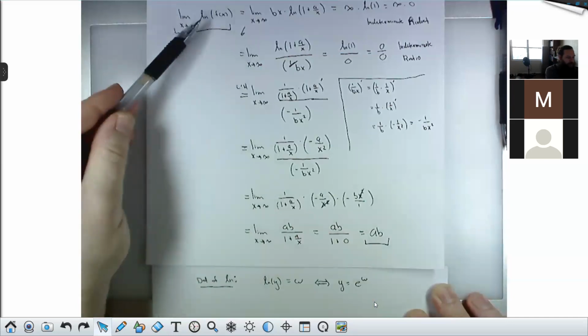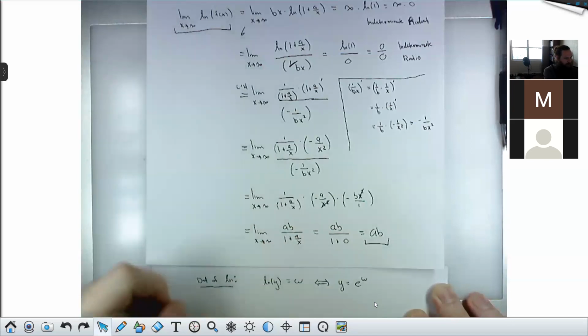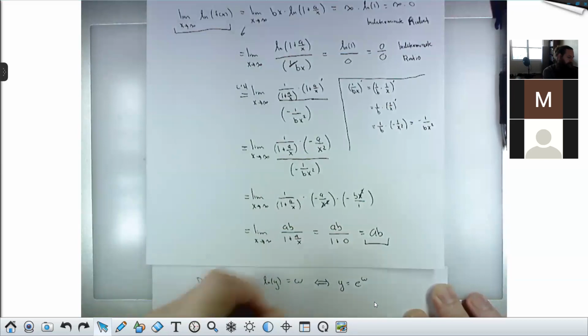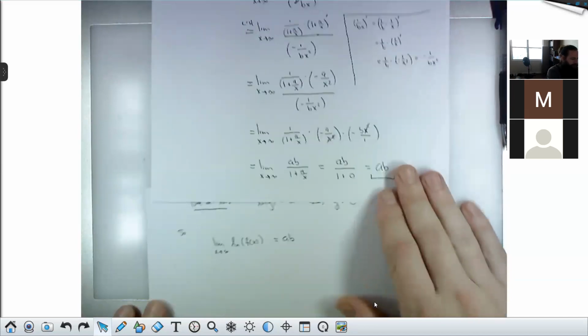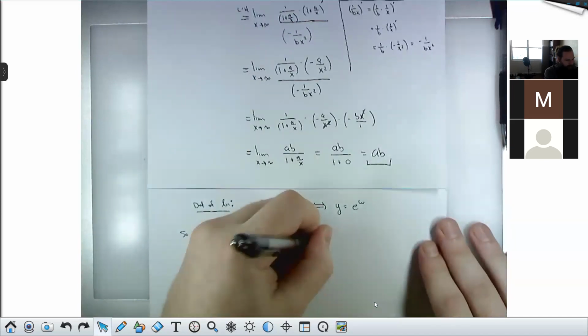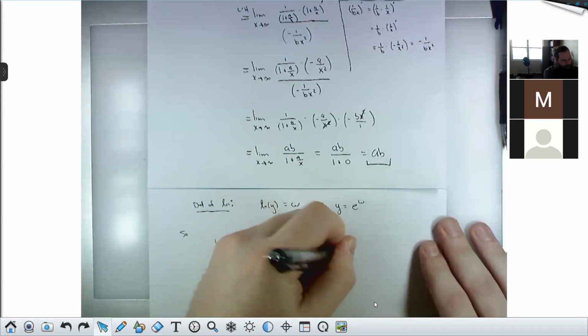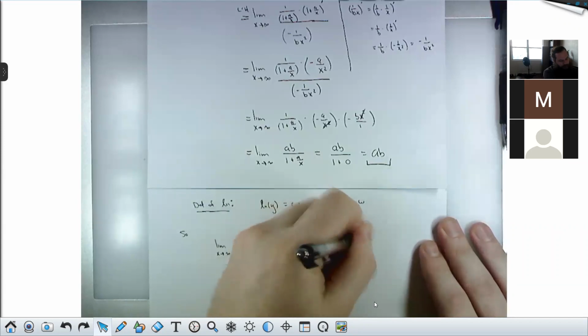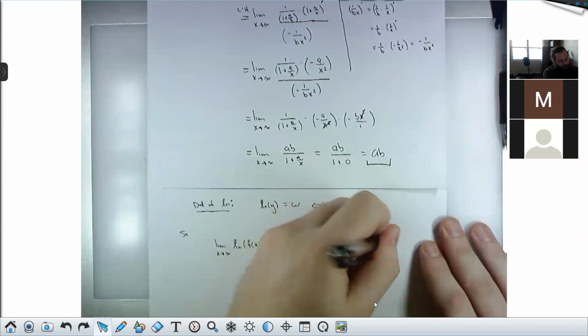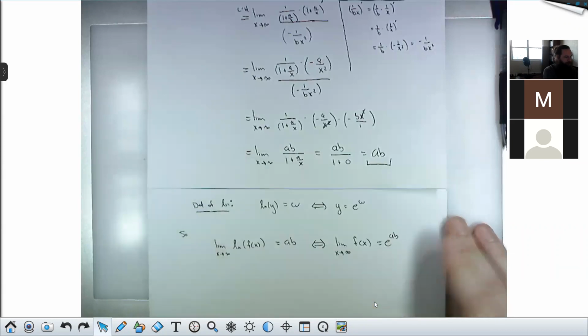So if the natural log of my function goes to ab, if the limit as x goes to infinity of the natural log of f of x is equal to a times b, this means that the limit of f of x itself is going to be e to the ab.